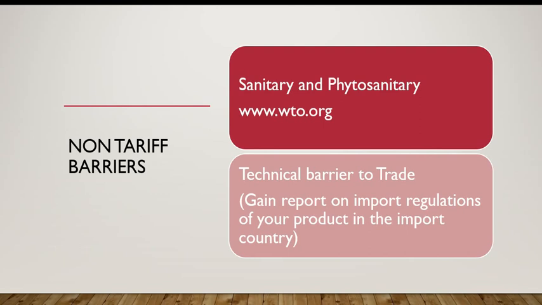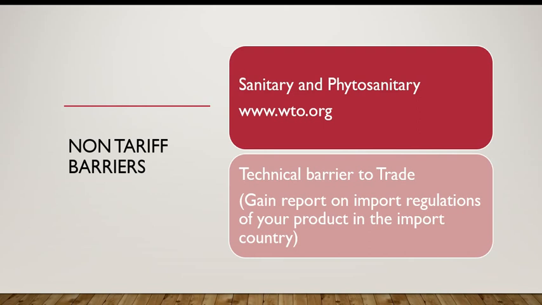To know more about sanitary and phytosanitary measures, you can either contact the respective EPC, Export Promotion Council, or you can check it on the WTO website. To understand the technical barrier to trade, you can Google GAIN report on import regulations of your product in the import country.